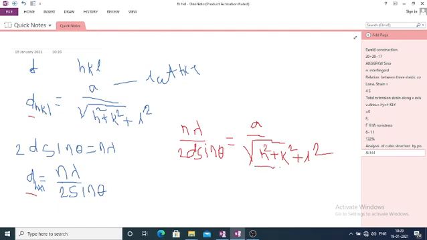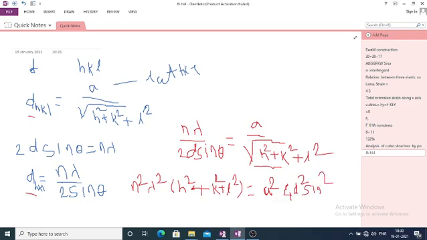Move the h square k square to the left side and this to the right side, so we get n square lambda square into h square plus k square plus L square equal to a square, times 4 d square sin square theta.